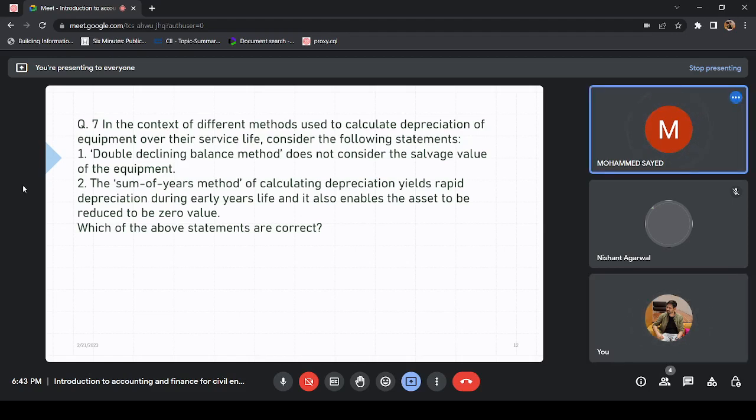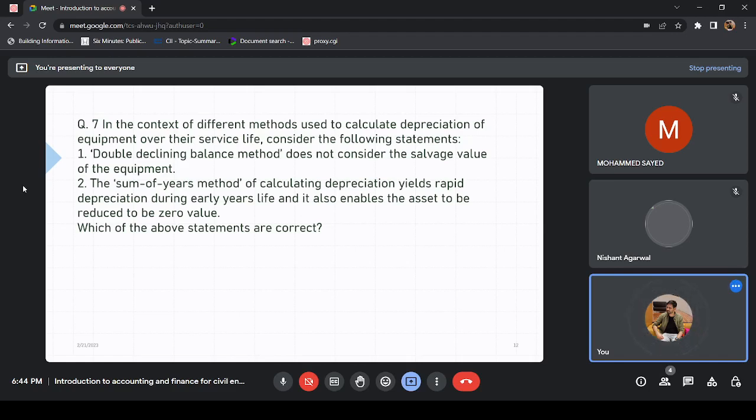Yes. So similarly, in the formula for sum of years method, or be it straight line method, if you put salvage value equal to zero, the calculation should bring the book value at the end of its service life to zero. If you take salvage value into consideration, it should give you the salvage value at the end of its service life.